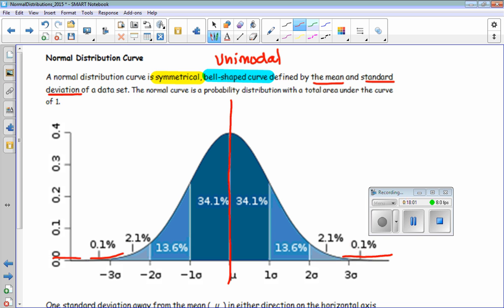Would you agree? And if we're thinking about heights of 18-year-old boys, what would the middle be close to? What height would that be? 5'10" maybe? Okay, 5'9", 5'10".